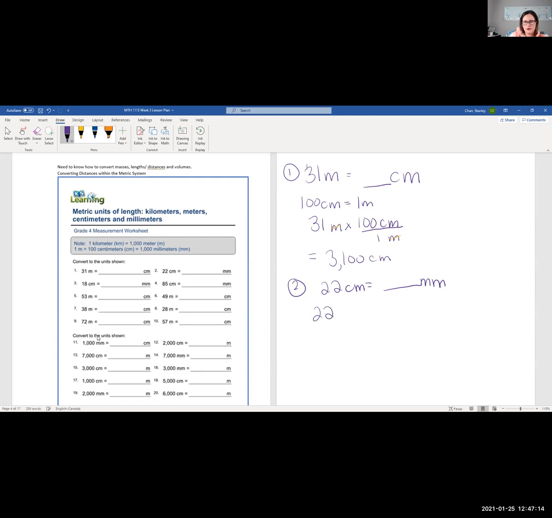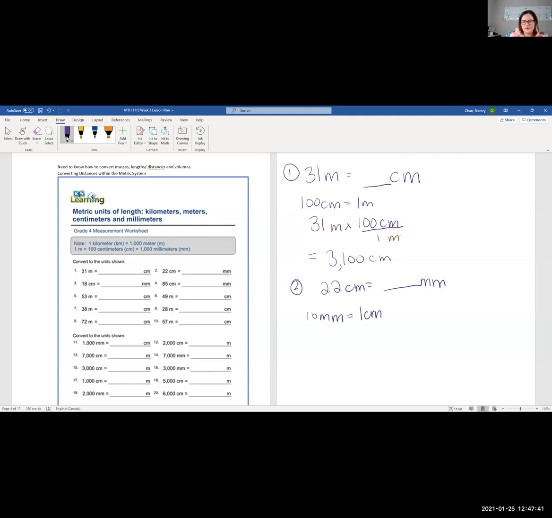So 22 centimeters, and then we're going to have to multiply that by a conversion factor. First I need to figure out what my conversion factor is. There's going to be 10 millimeters equals 1 centimeter.